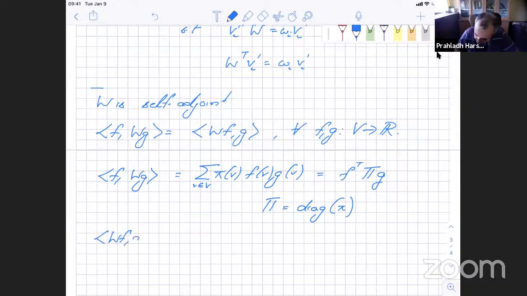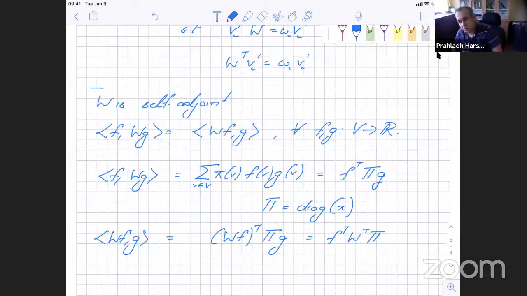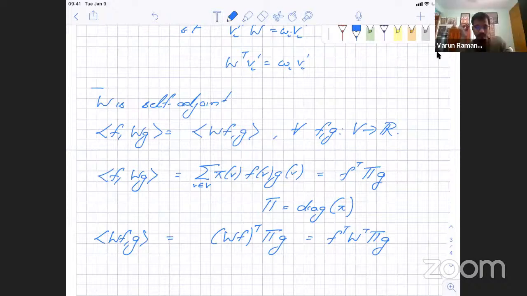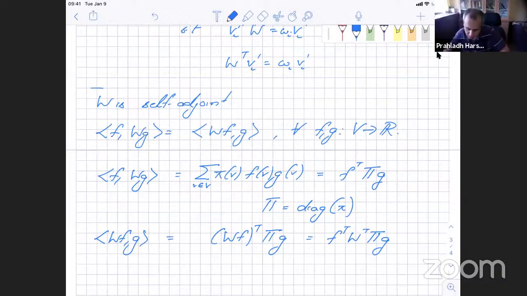So if you notice, with the same token, it will be WF transpose pi G, which is F transpose W transpose pi G. Wait, sorry, I'm confused.